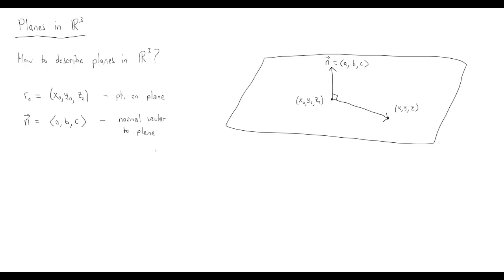Now, for two vectors to be orthogonal, their dot product has to be 0. So we can say n, the normal vector, which is components a, b, c, and then dot product with this direction vector connecting our 2 points, which remember you get by subtracting the points, so it would be x minus x naught, y minus y naught, and z minus z naught.